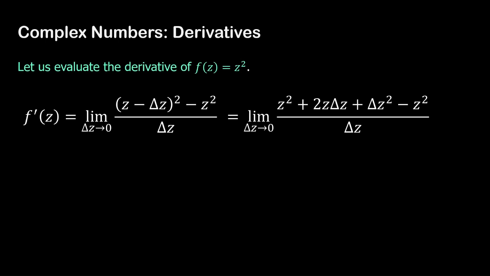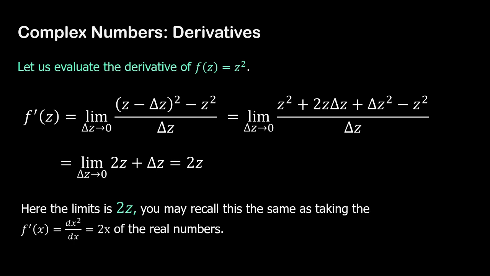In this case, we will have the limit of delta z tends to 0 of 2z plus delta z. Taking the limit, we will have our final answer equal to 2z. In this example, the limit is 2z. You may recall, this is the same as taking d(x squared) over dx equals 2x for the real numbers.